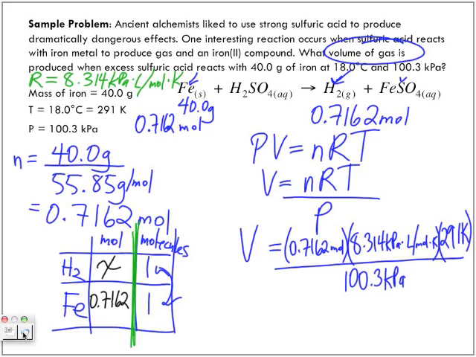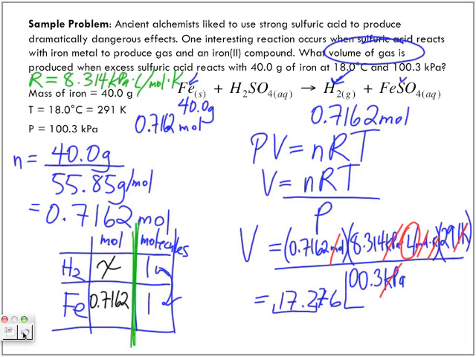Now, the next thing I like to do is cancel out my units. So we've got kilopascals, moles, Kelvin. Last unit standing, liters. So when I throw that into my calculator, my volume equals 17.276 liters. The least number of significant digits in my question is 3.